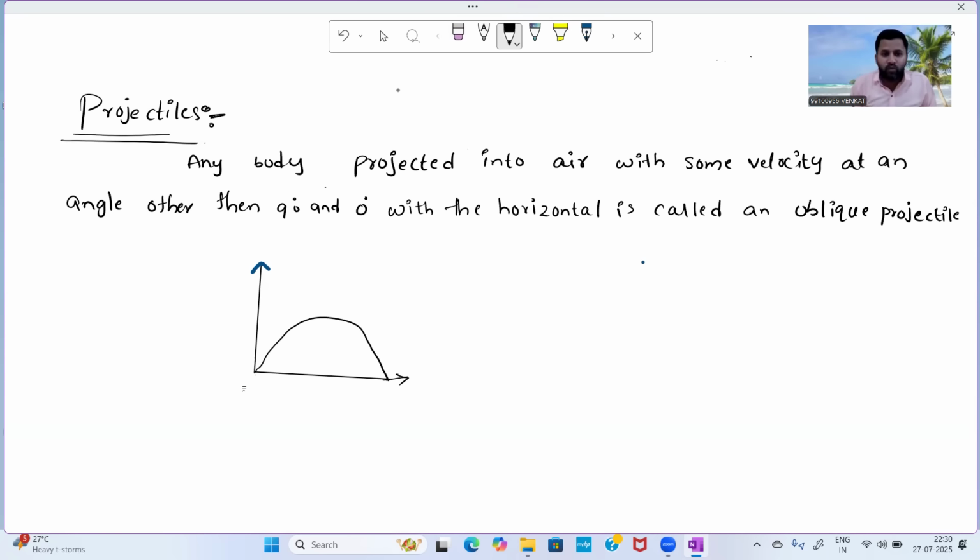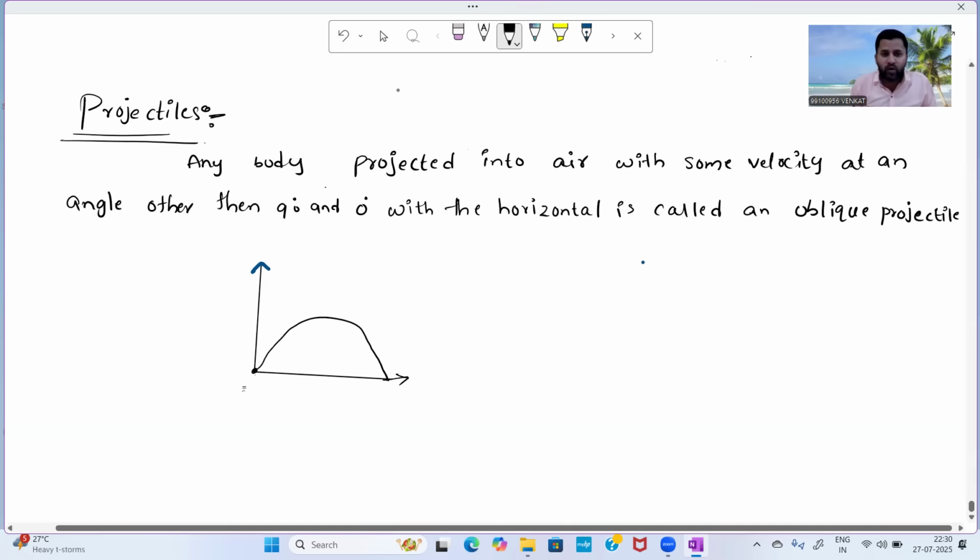Now see the example I'm giving here. Taking a body from this horizontal point, this point is called the projection point. I projected it with some velocity, which we take as u, the initial velocity, or projection velocity.